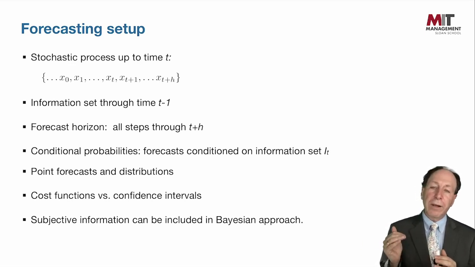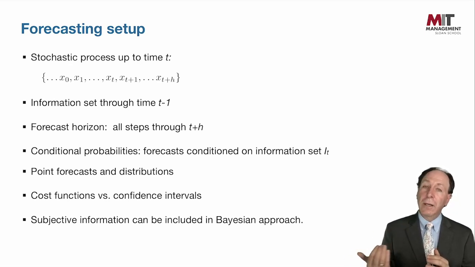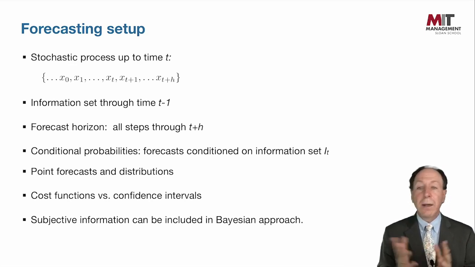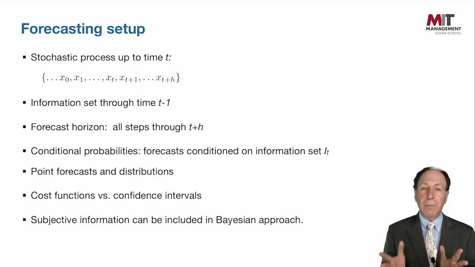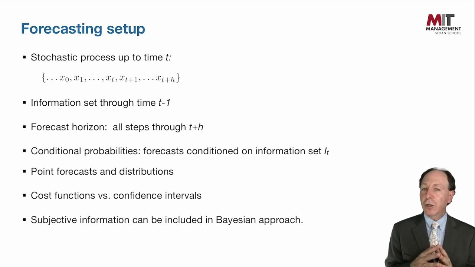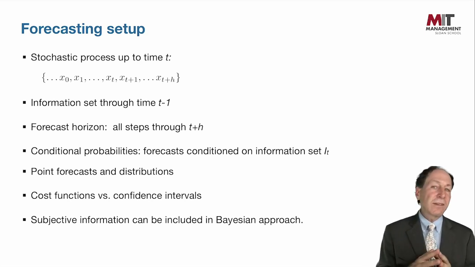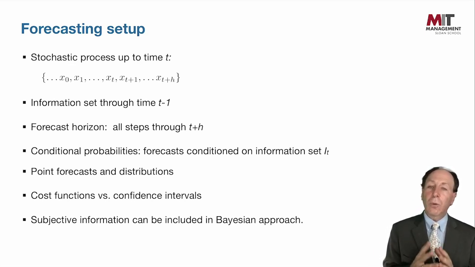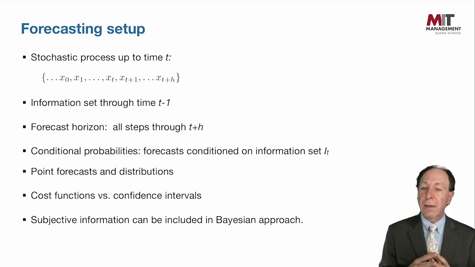We can look at making point forecasts, and we can think about whether we can have enough information to generate a full probability distribution for future events, or perhaps somewhere in between, not just a number, but perhaps moments of the future distribution. What's the mean? What's the variance? And that could tell us something about what our confidence is and what a confidence interval is around a forecast for future values.